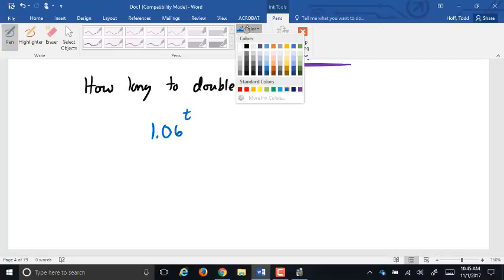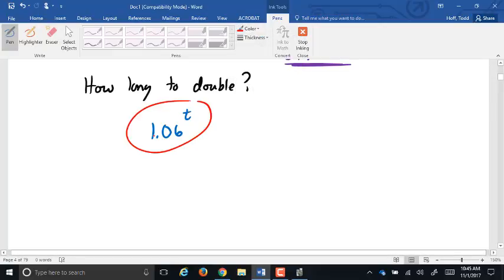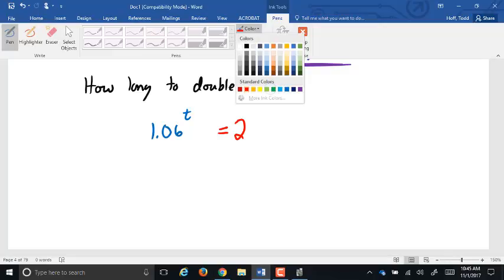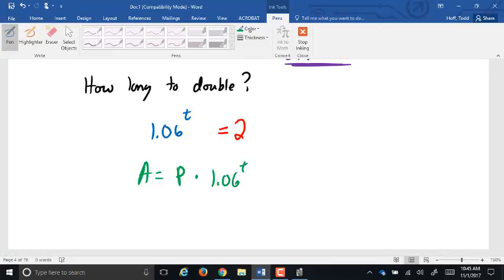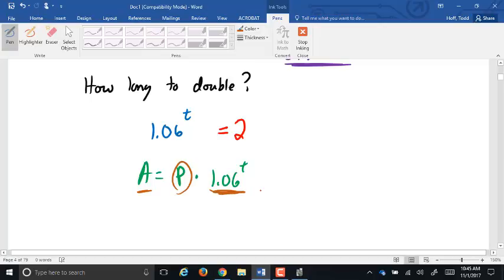The time it takes to double is just whenever this factor of 1.06 to the power of t equals what number? 2. When that equals 2, this is doubled. Because if you think about it, the amount of money in the account is equal to the principal times this factor, 1.06^t. Well, the amount will be twice P when this equals 2.